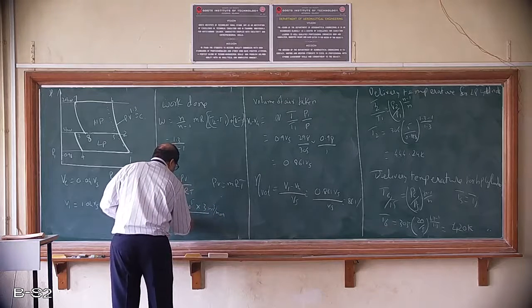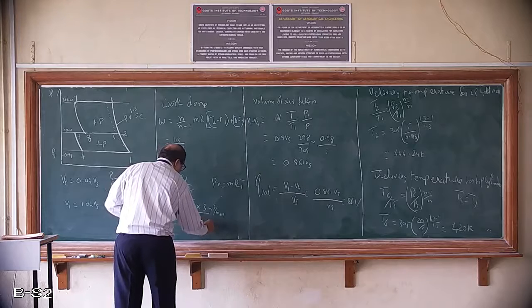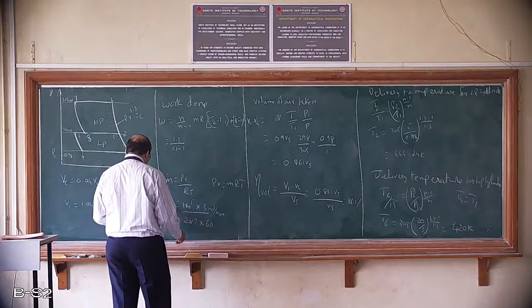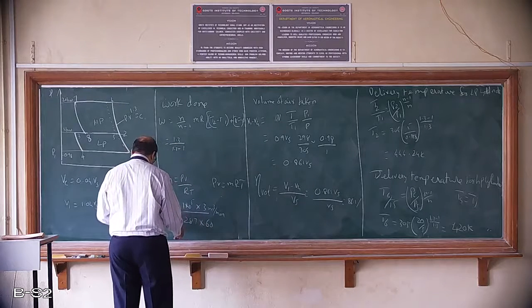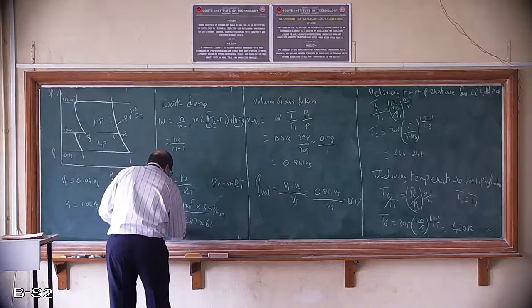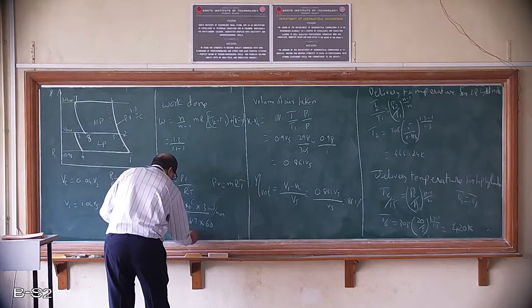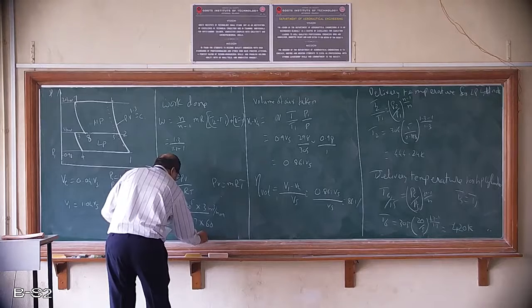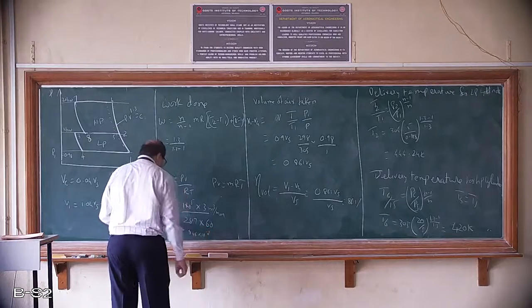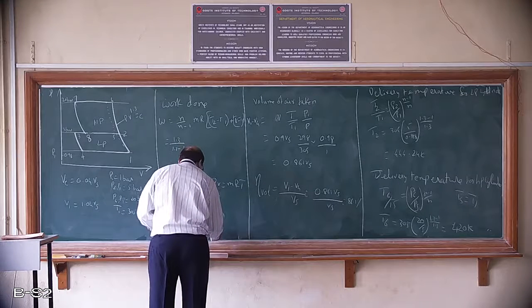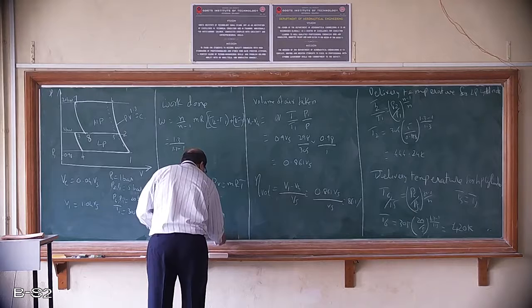So this is 287 into divided by 60. So we get this value as 5.846 into 10 raised to minus 2, okay, kg per second.